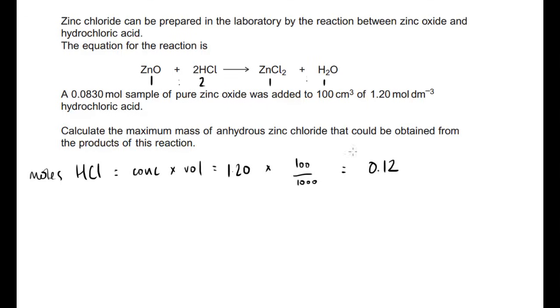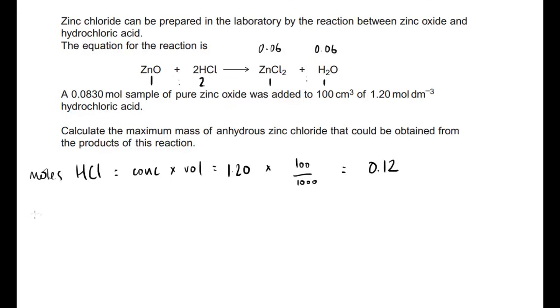So just to recap in case that's a bit confusing, I have 0.12 moles of this. I know that it would react with 0.06 moles of my 0.0830, therefore producing 0.06 moles of zinc chloride and also 0.06 moles of water. Doesn't matter, but the fact of the matter is that it's just 0.06 of each.